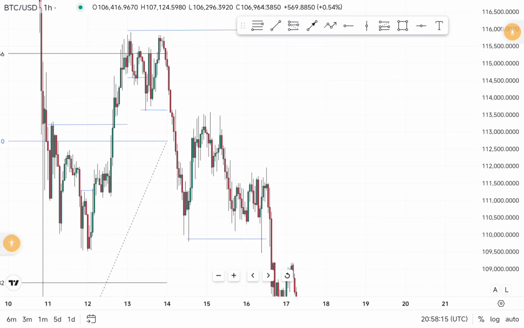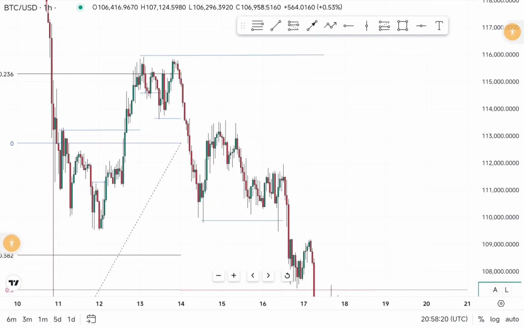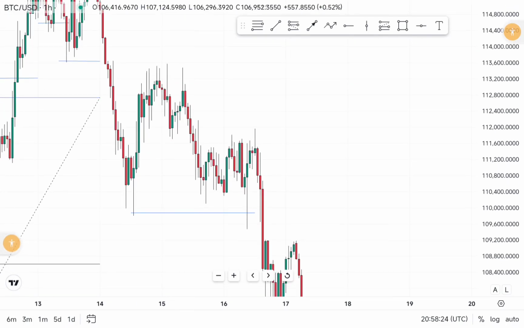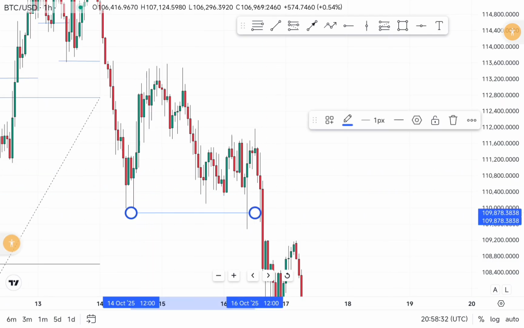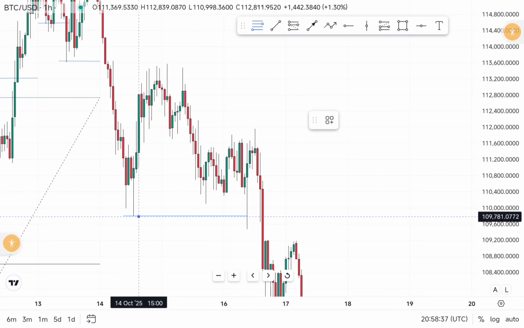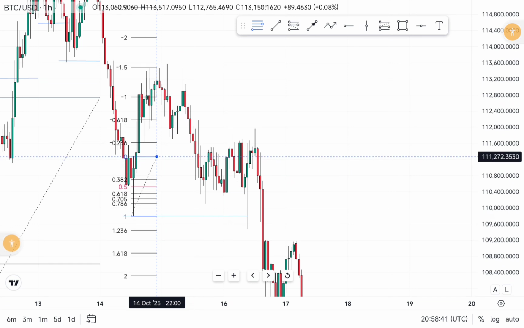So moving to the 1 hour chart, we look at our recent low that has been marked beautifully, and we see if price will break there or there will be a structure shift upward.